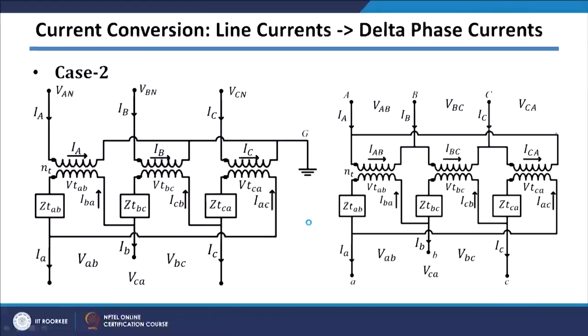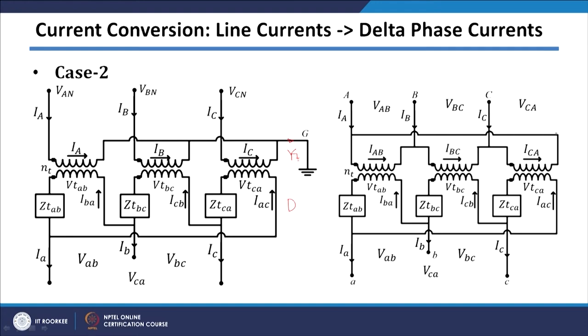Let us say case 2 where 0 sequence current will be present. So, I have shown 2 cases where there is a possibility of the presence of 0 sequence current. In this case we again have this Y delta transformer. However, unlike your earlier case, in this case I am grounding this Y connection, and because of grounding, the zero sequence current path will be available.